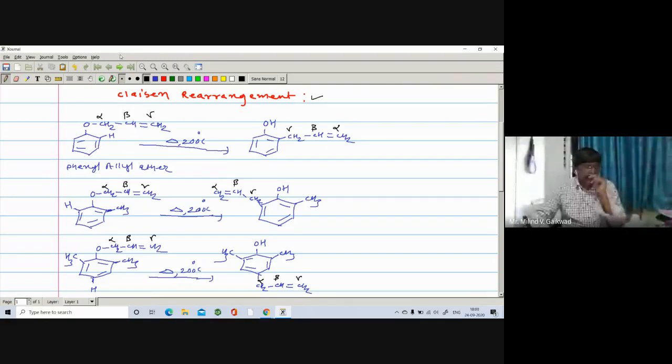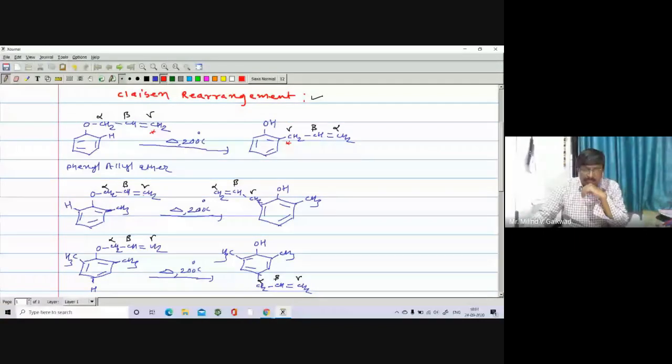Sometimes in the exam, they may label the carbon, meaning a corresponding isotope. So this carbon is gamma, and this is the label carbon. Similarly, if they label this carbon, then the label carbon will be here.